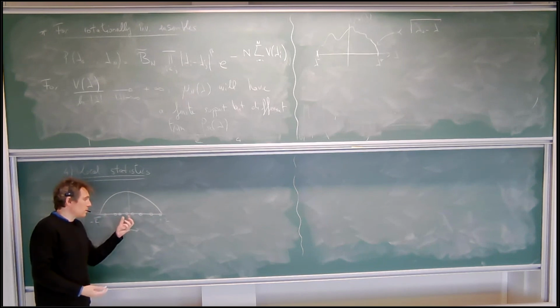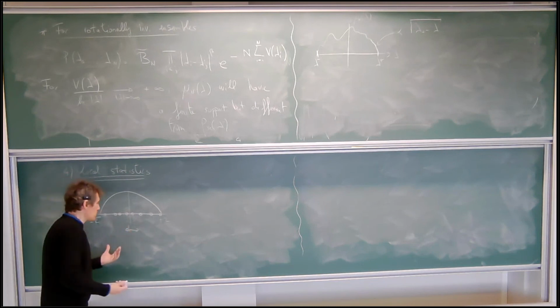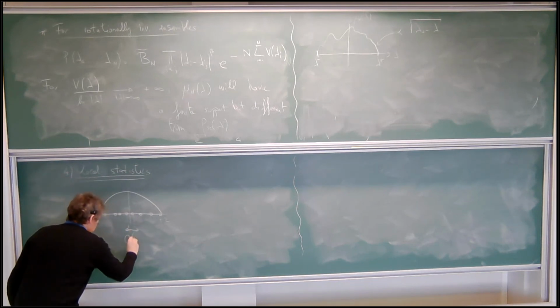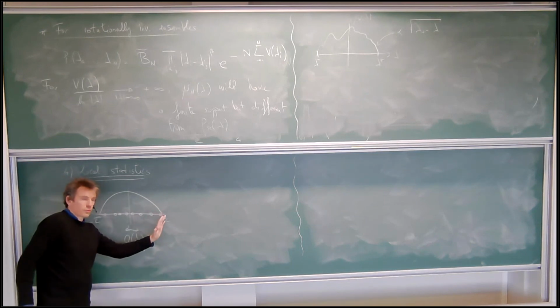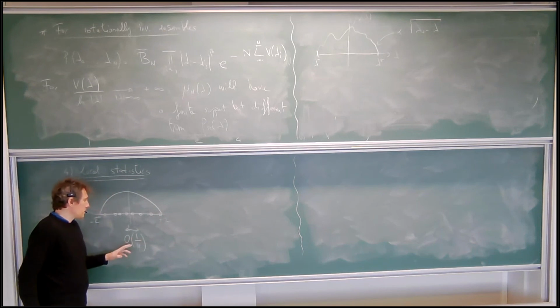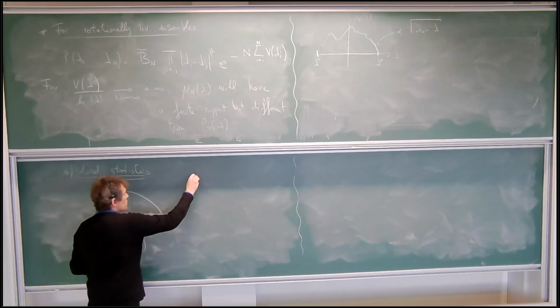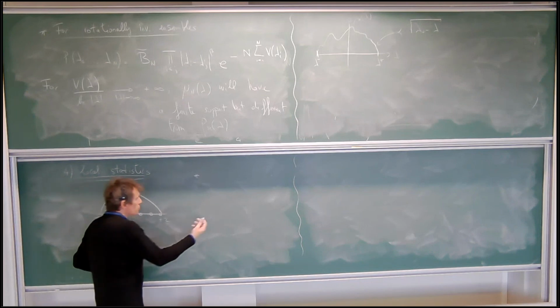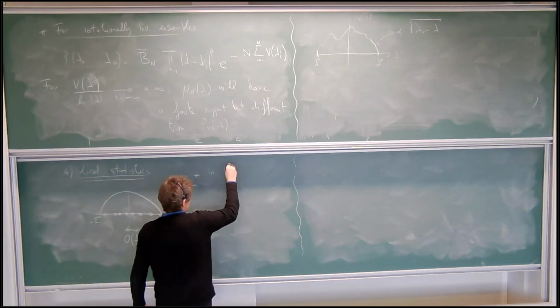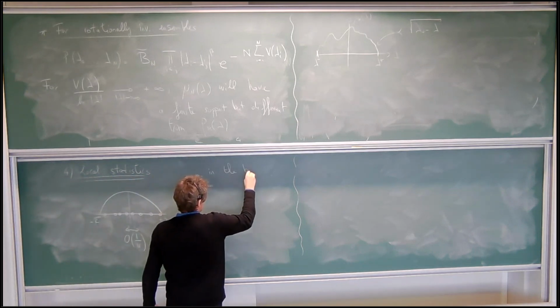So typically, the interparticle distance is of order 1 over n. That means that if I am not too far from the edges, in this regime, which is close to the center, which we usually call the bulk of the spectrum.